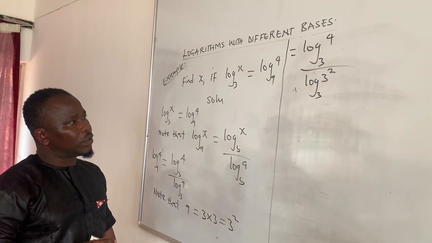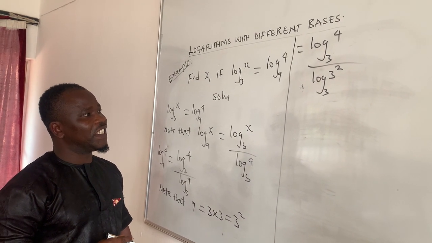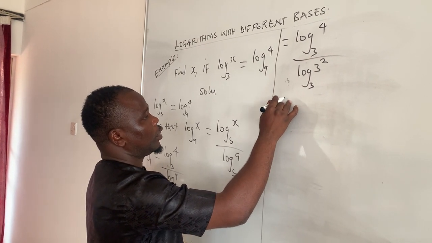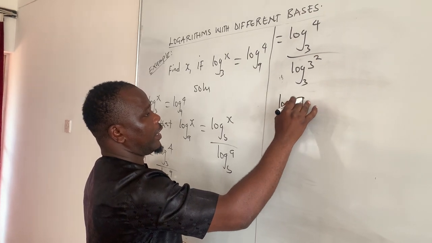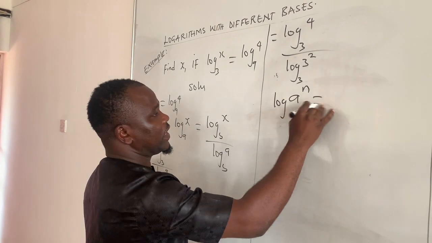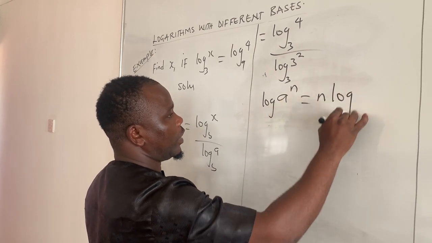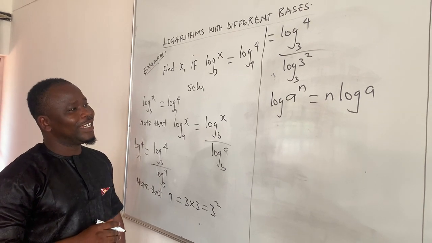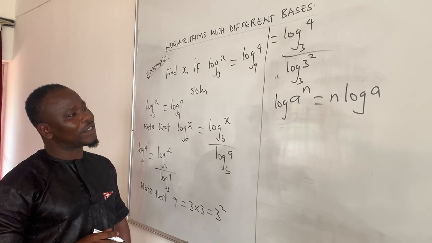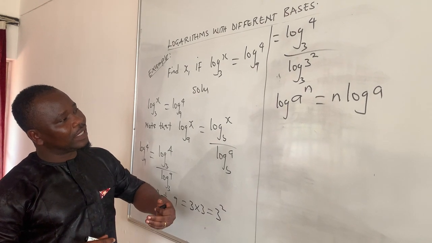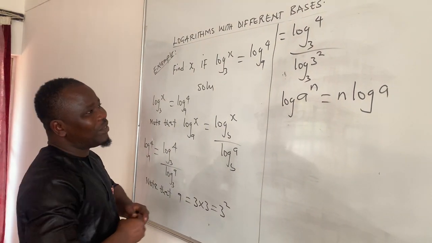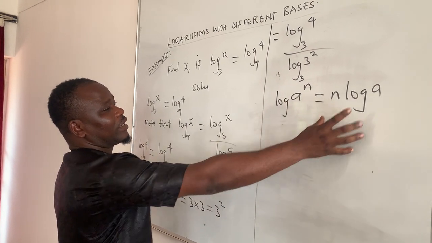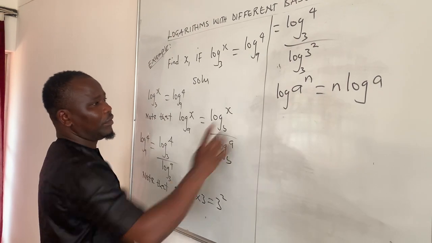One of the laws of logarithms states that log a raised to the power of n is the same thing as n log a. If we have a log of this form, we can transform it this way.